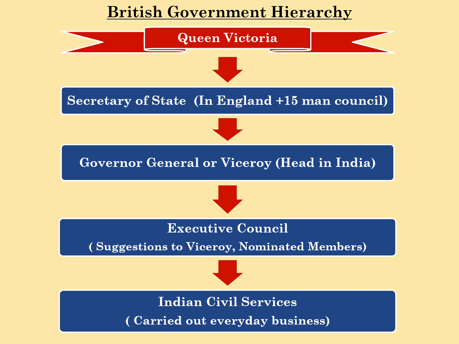Then there was a Governor General or Viceroy who was the head in India, a British person who was the head of all the departments of India, and he had his own executive council who used to suggest to the Viceroy what to do and what not to do, but it was only suggestions, and they were nominated members in that executive council, nominated by the Viceroy or the Secretary of State.